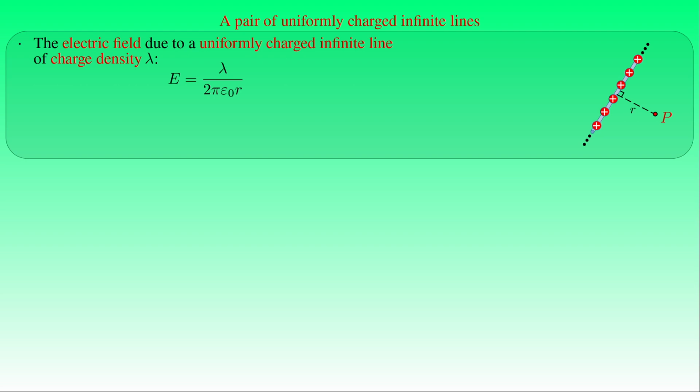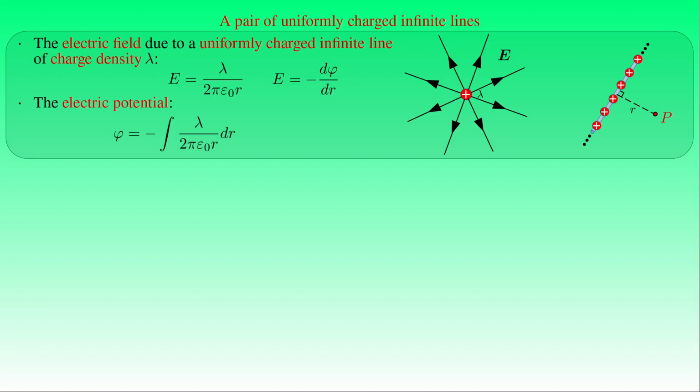For a positive charge distributed over the infinite line, the electric field E points radially outward from the line, exhibiting a cylindrical symmetry around it. Because of this symmetry, the field strength E given by the negative gradient of its electric potential phi reduces to minus the derivative of phi with respect to the distance r. Then the electric potential phi is given by minus the integral of the magnitude of E, that is lambda over 2 pi times epsilon naught times r, with respect to the distance r.